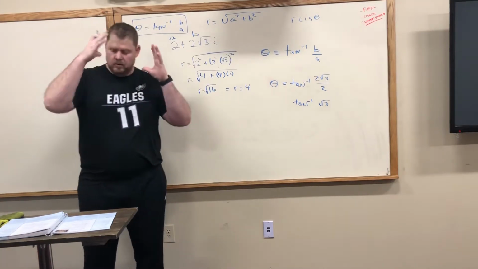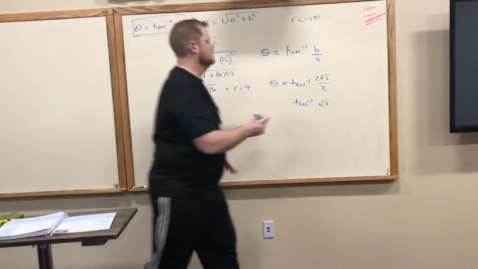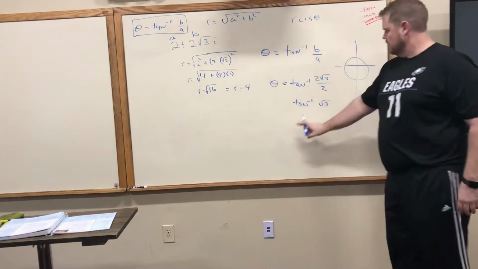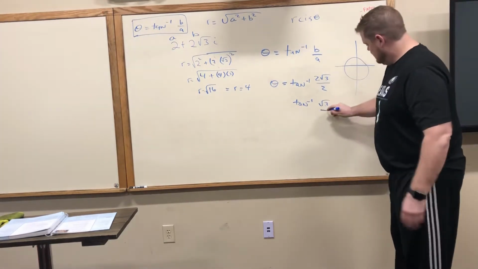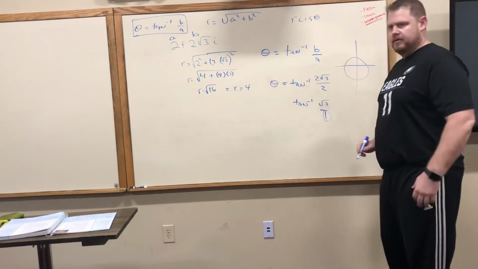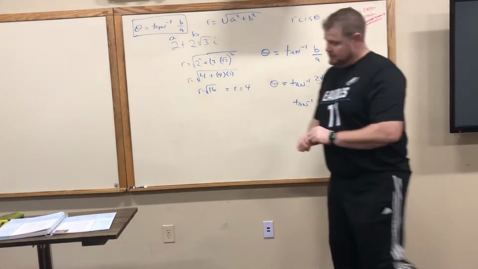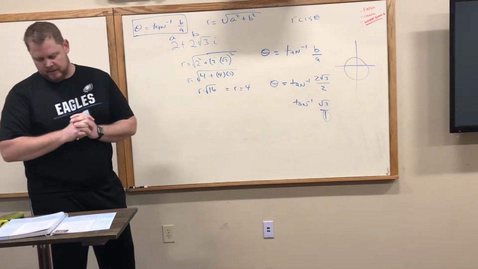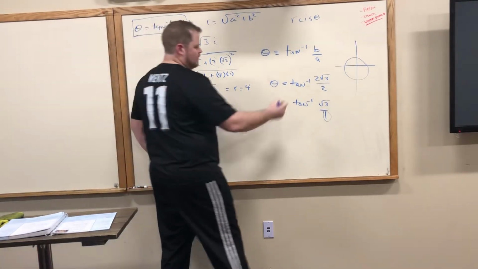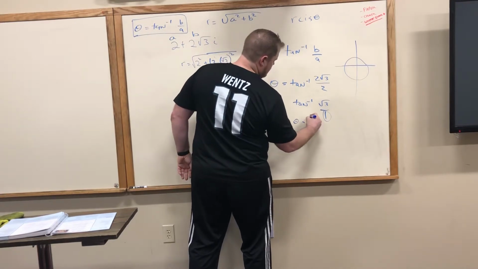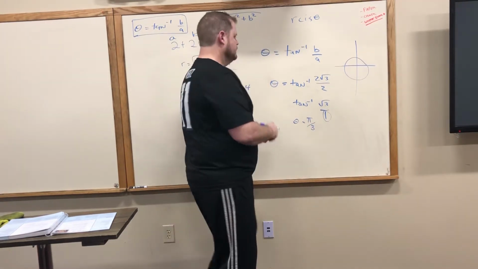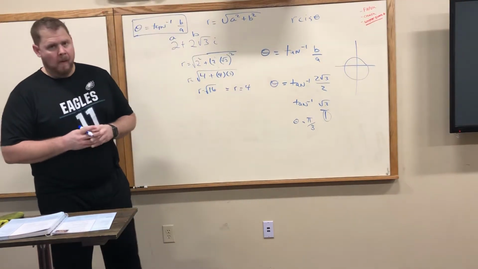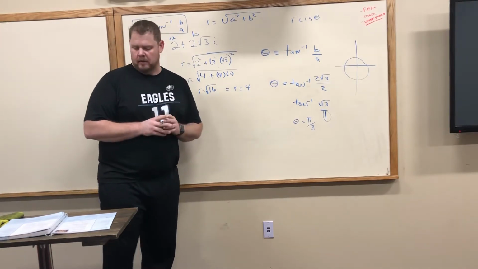So now think about your unit circle. When you look at that unit circle, where on that unit circle is it 1 and the square root of 3? Well, the answer to that is at pi over 3. So your theta is pi over 3. Any questions? Everybody good? All right, wonderful.